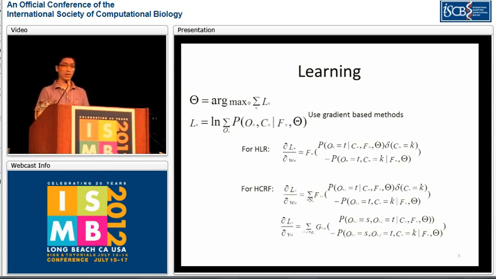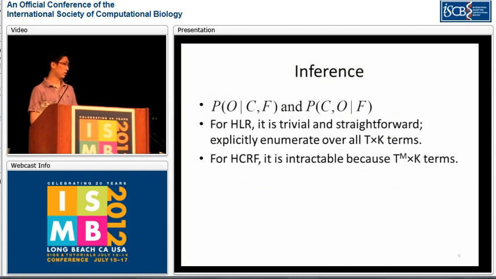To learn the parameters, we use gradient-based methods, and I present here the first derivatives for both of the models. Note that in the calculation of the derivatives, we have to know the probabilities of the latent variable given the class label and features, and also the joint probabilities of the latent variable and the class label conditional on the features. So we have to do inference in order to learn the parameters.